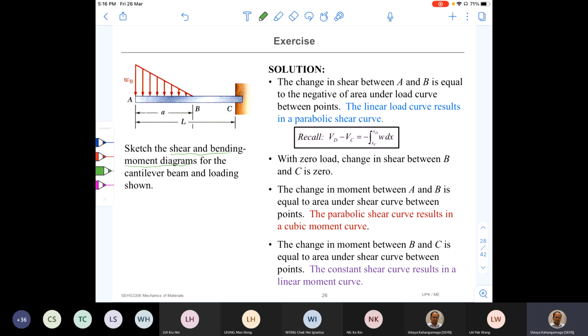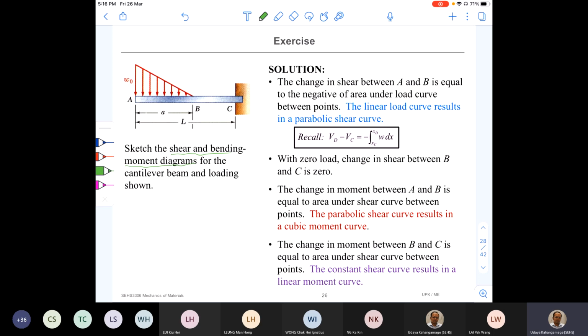For this question, we really don't need to find the unknown reactions because the reactions are at point C. If you use the method of sections, you normally cut the beam at any point between A and B because from A to B the load is continuous.